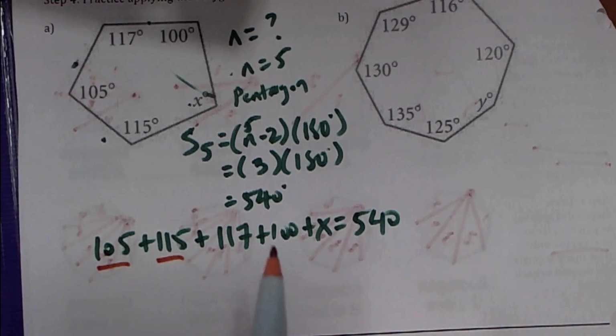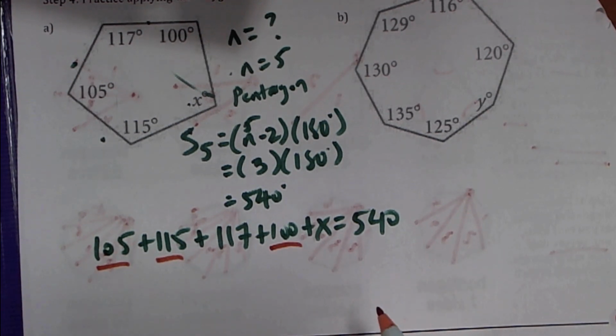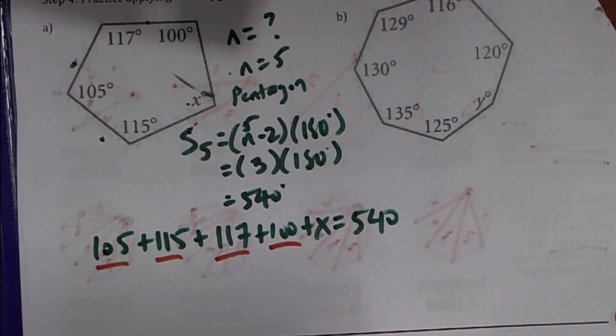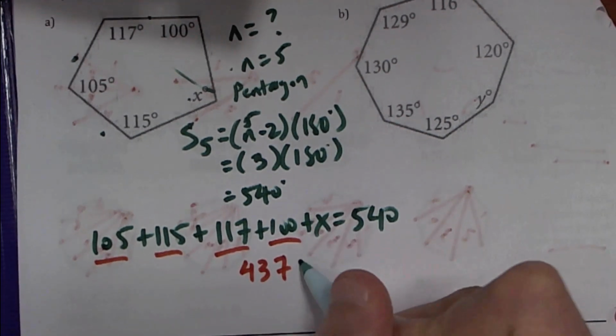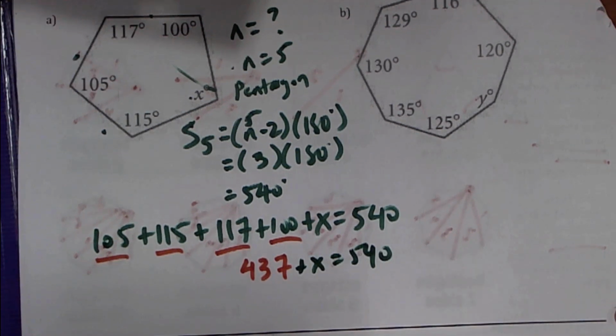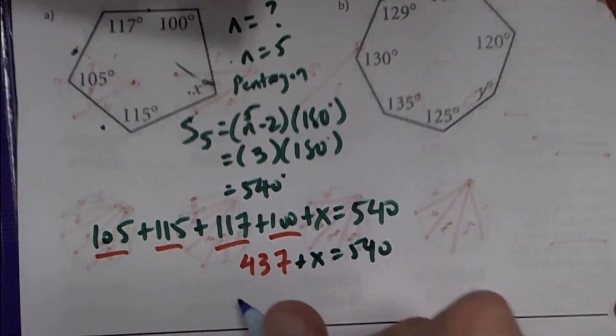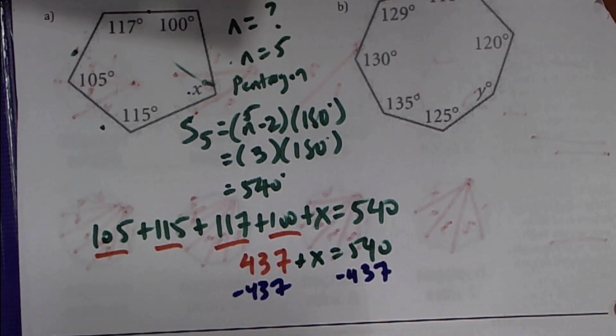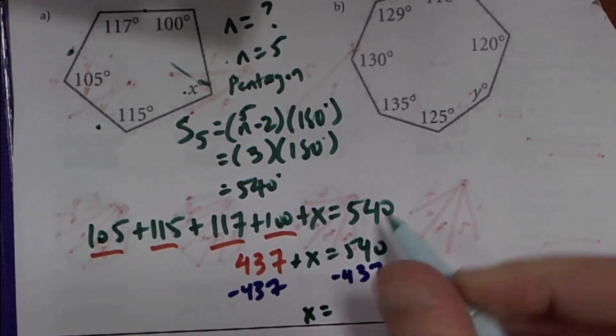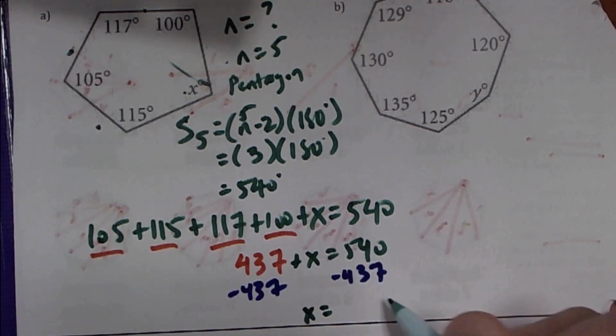If we sum these up, that's going to be 205 plus 15, 220, plus another 100, 320, plus another 100, 420, plus 10, 430, plus 7 more, 437, plus x equals 540. And then we'll subtract 437 from both sides. And so x has to equal, let's see, 103.